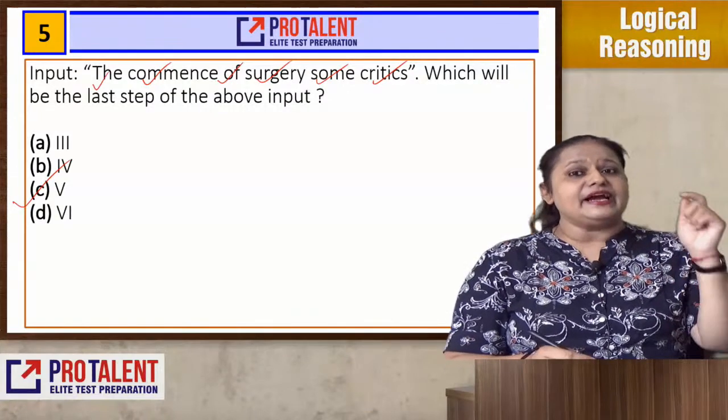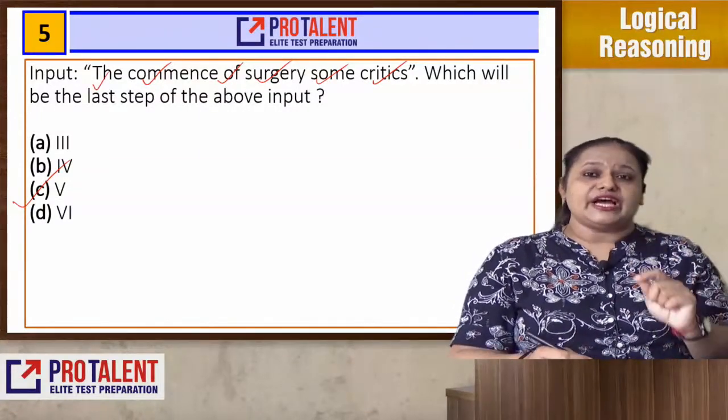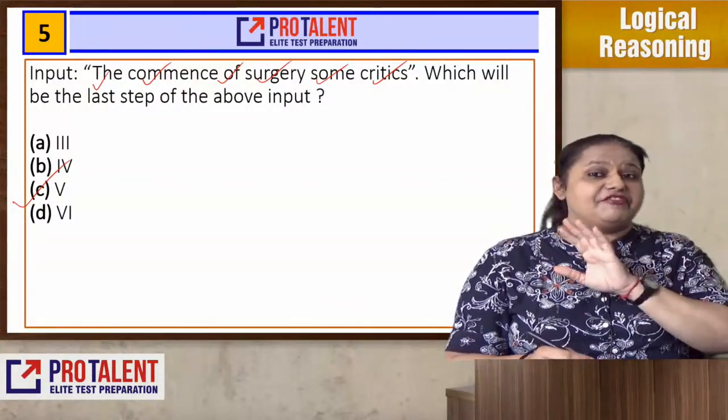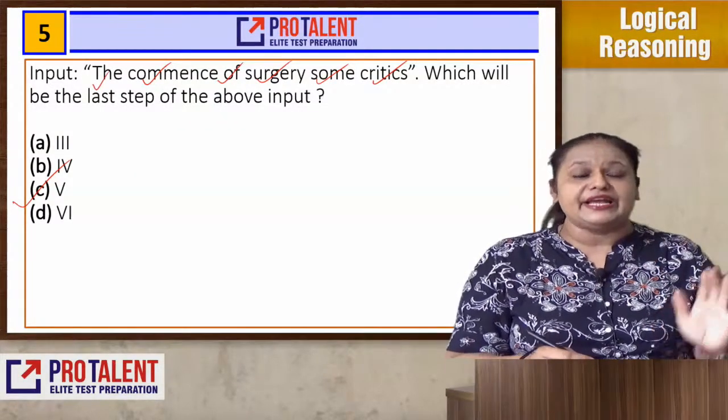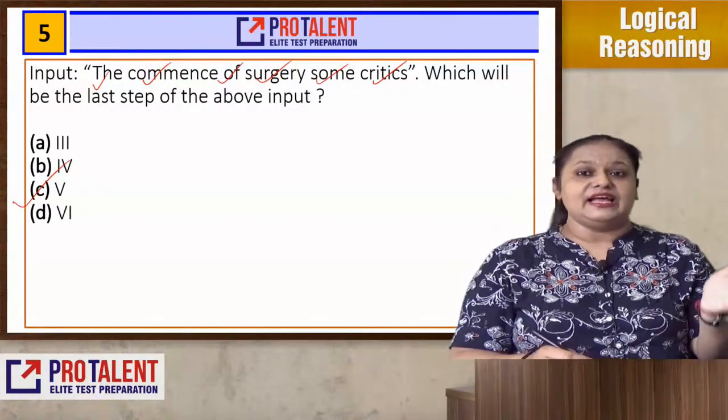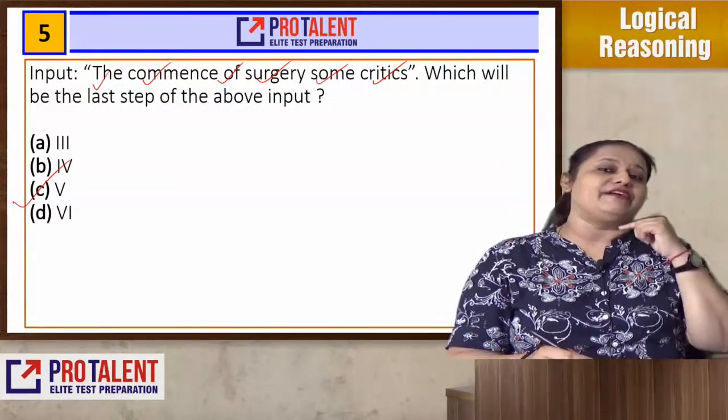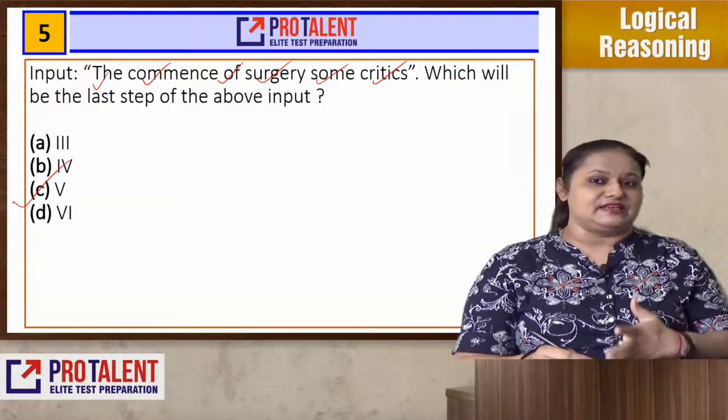So deliberately I took this question today so that you know that every time with a string of words you don't have to write. If such a simple logic is there, then even without writing you could have done all the questions in 10 seconds, right?